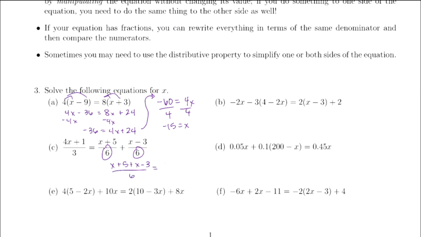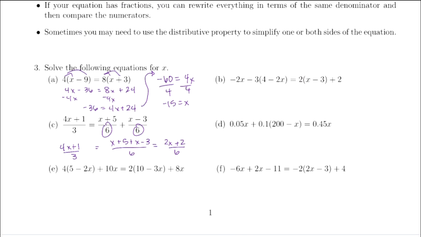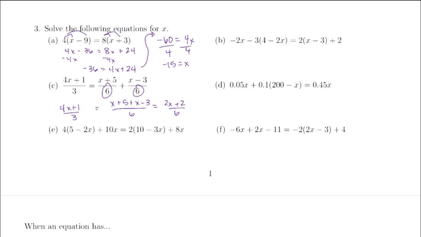And that's actually going to be 2x plus 2 over 6. And that equals what we started with, which was 4x plus 1 over 3. So this is a case where I could write the 2x plus 2 over 6 with a 3 in the denominator and then just compare numerators. But say I didn't see that, I would just solve that with cross multiplying.